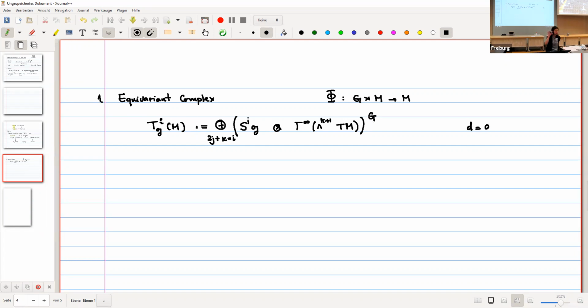If we want to discuss what kind of Lie bracket you have here, it's good to think about this complex, interpreted as I was saying, in terms of polynomial maps from G to T poly. So this gives you immediately the idea of the bracket. Again, equivariant under the actions.